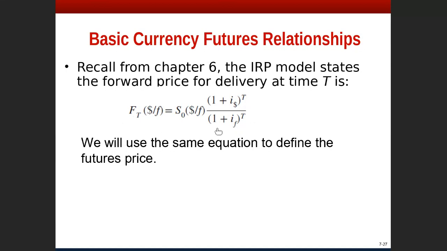We will use the exact same equation to define the futures price. That concludes the first half of chapter 7. I'm going to come back to you with the second half, which deals with options.